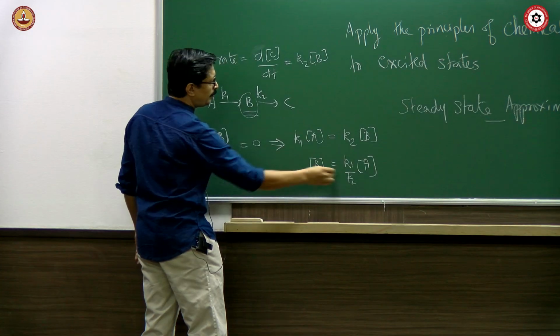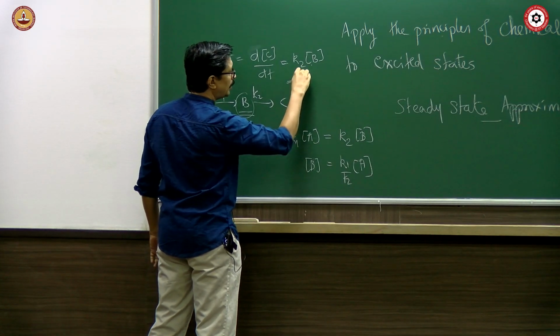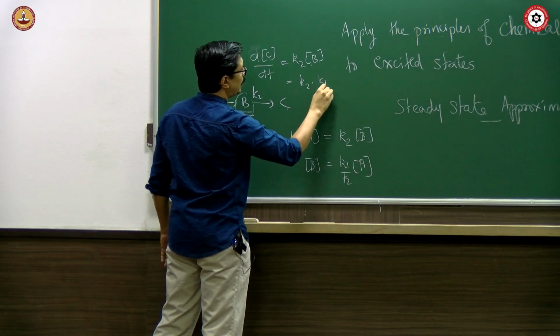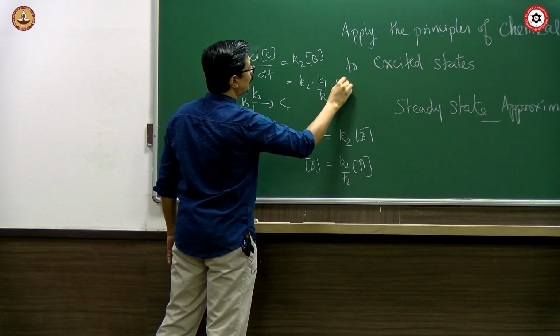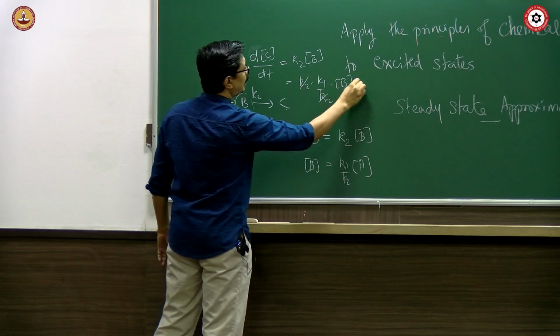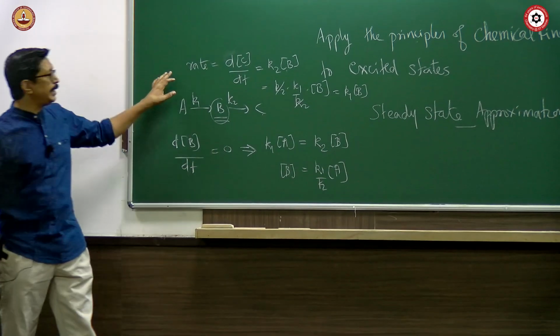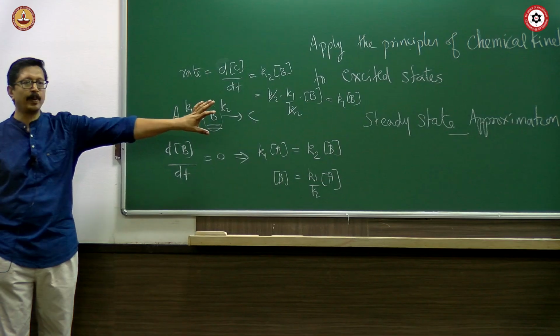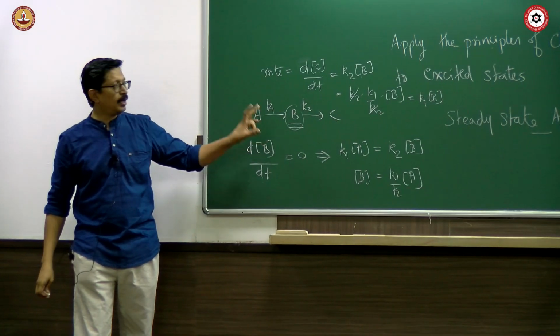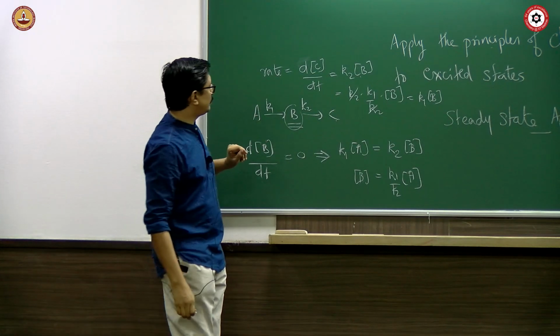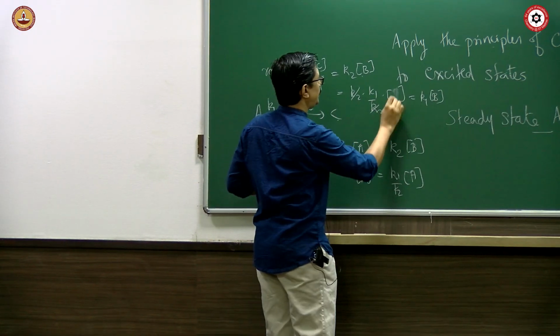So B expression we already have. If you substitute here, you will get K2 into K1 by K2 into A, which is basically K1 into A. So this will be the rate expression for this reaction if you are applying SSA. Sorry, yeah, here is A.